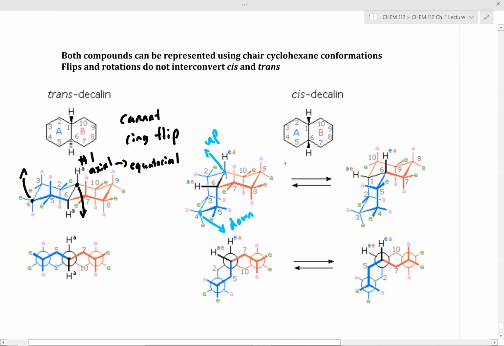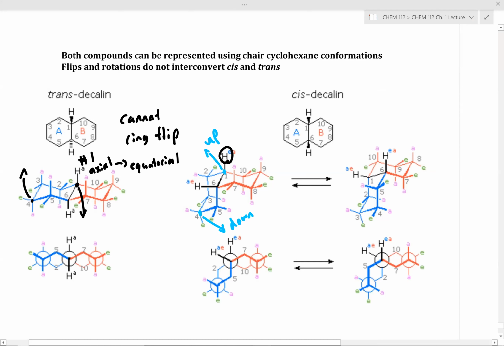Let's check just to make sure that we have the relative positions. Okay. So when this decalin ring undergoes a ring flip, we're also going to check the relative positions. So let's look at the stereochemistry of this hydrogen on carbon 1.